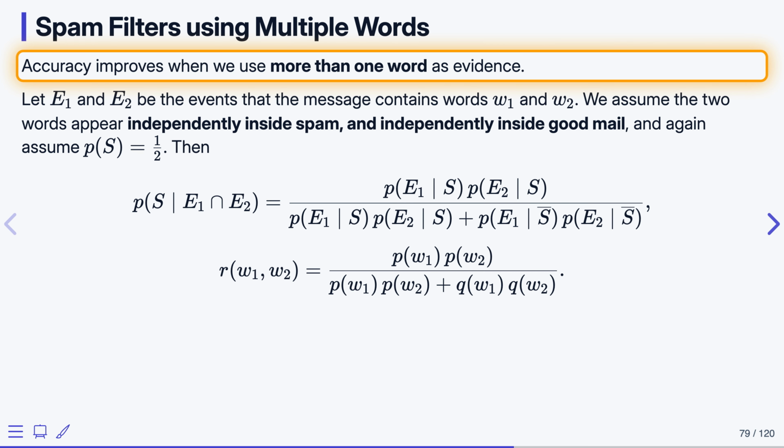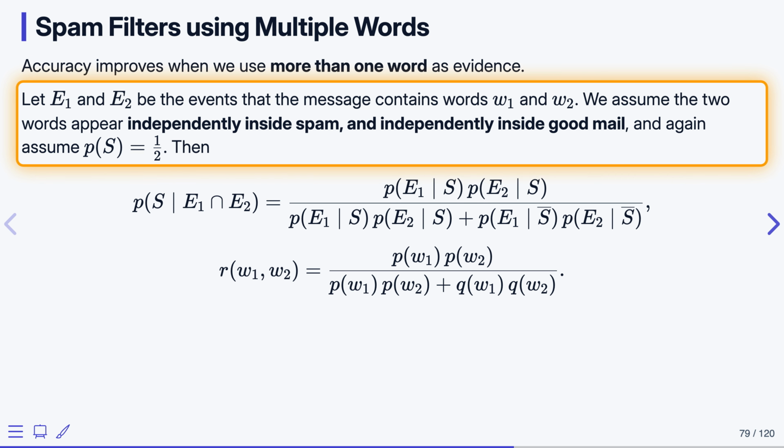One word is a weak clue. We do better using several words together. Take two words, W1 and W2, with events E1 and E2. We assume the two words turn up independently inside spam, and also independently inside good mail. That is what lets us multiply the two likelihoods on each side.